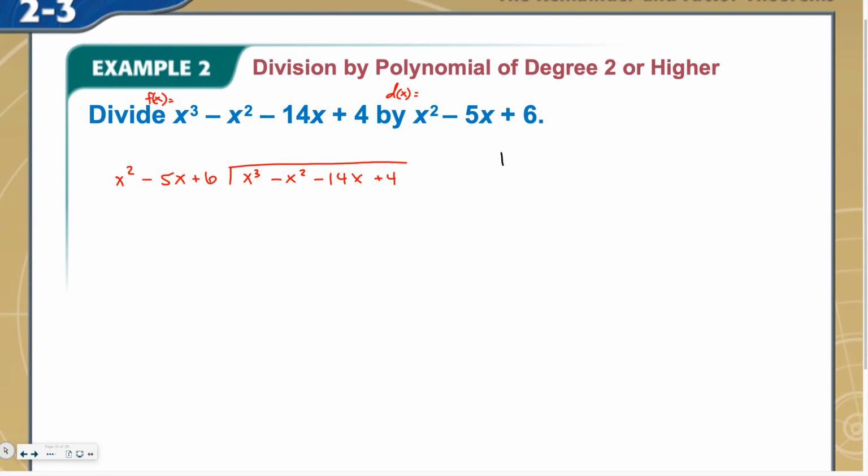Angela, do you remember what step 1 was? It is the division. The leading term divided by leading term. This time I'm just going to say LT divided by LT. What does LT stand for? Leading term. What's my leading term right now across here?